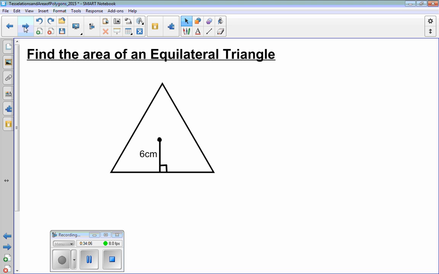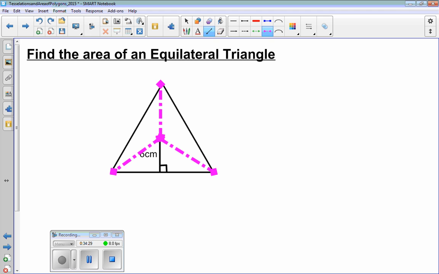Let's divide it up, shall we? Let's divide it up into triangles. So what I mean is this. Let's take and draw in the radii. The radii go from the center to the vertex.